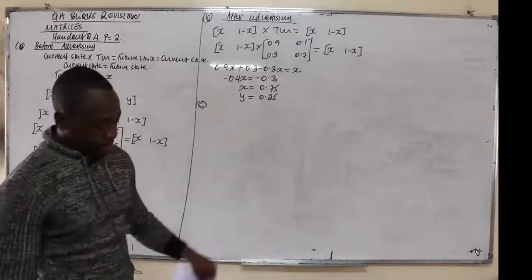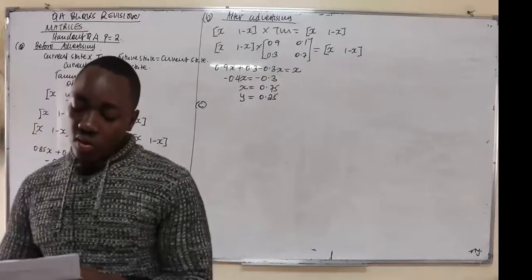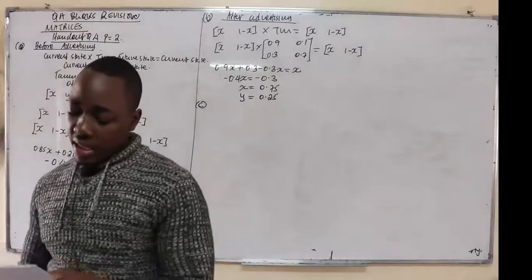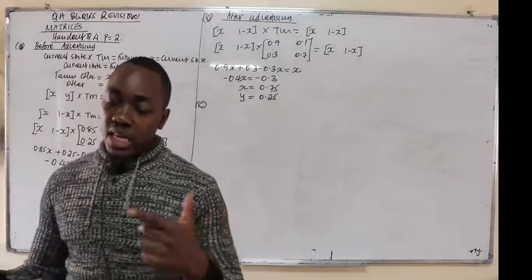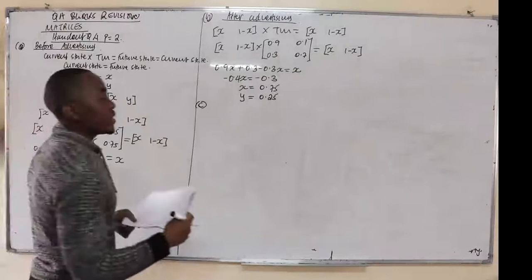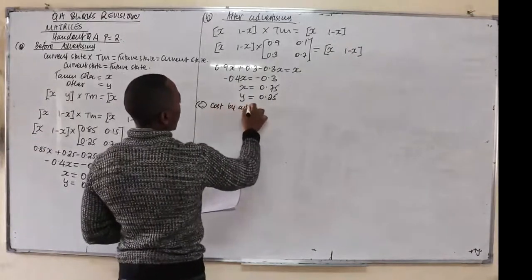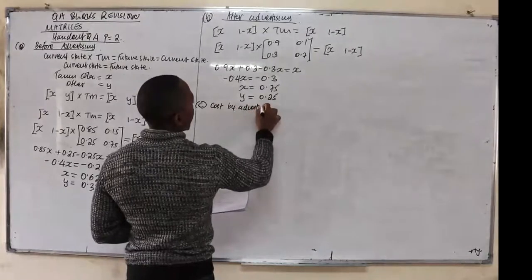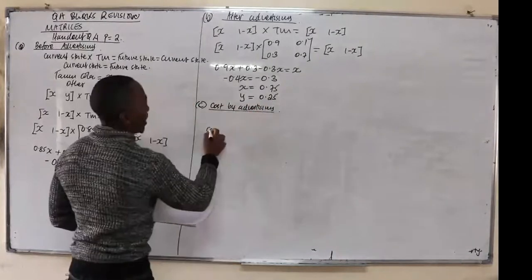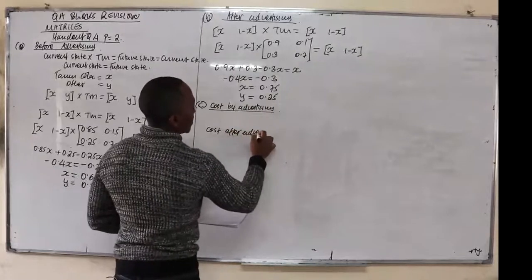Part C. The expected annual profit increase or decrease after the advertising campaign. The profit increase or decrease after the advertising. So now let's look at the cost before advertising. We compare against the cost after advertising.